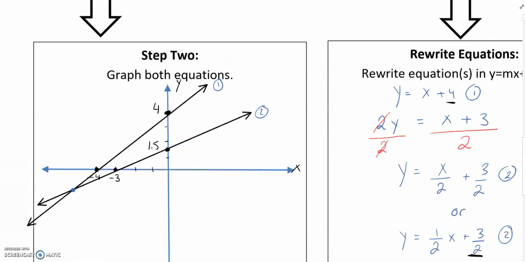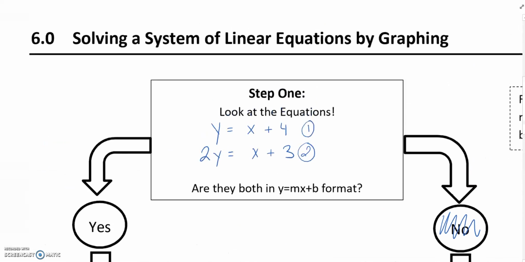So remember, what we're doing here is we're solving the system of linear equations. And when we say the word solve, what we're actually saying is find that point of intersection, right? Find that. We can write that in here. Find the point of intersection.